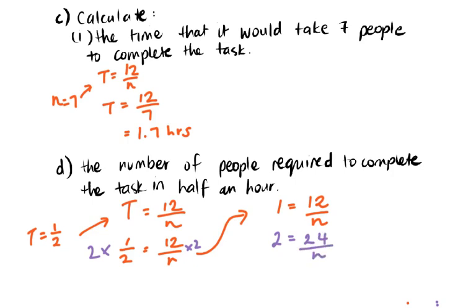Sorry, I made one little mistake. If I multiply by 2, we cancel. So now I have 1 equals 24 over n. And what we want to know is the value of n. So if we rearrange our formula, we should get n equals 24. So now we know that there are 24 people that would be required to complete this particular task in half an hour.